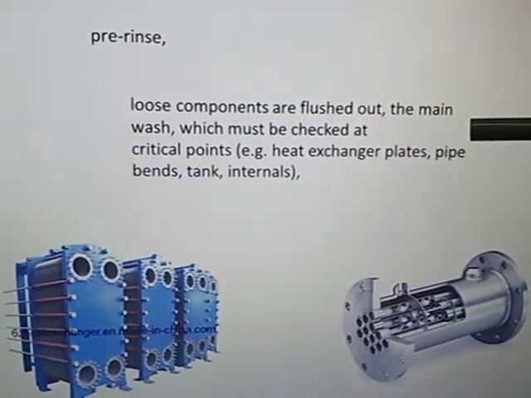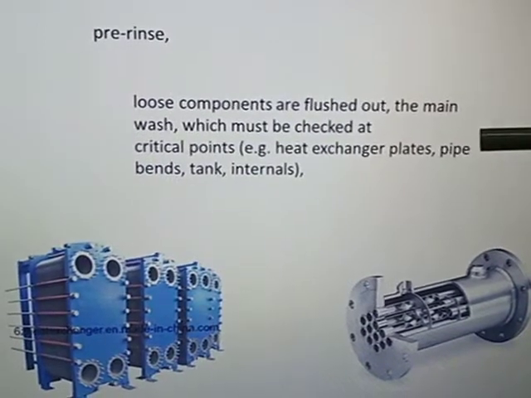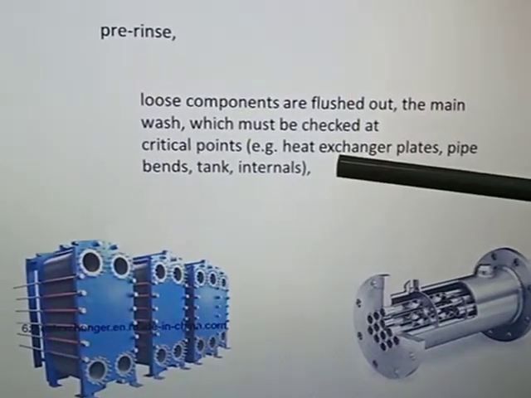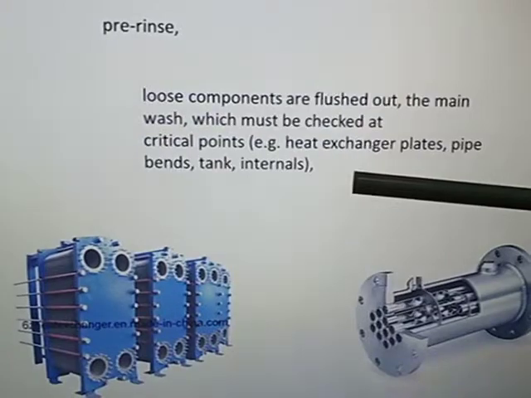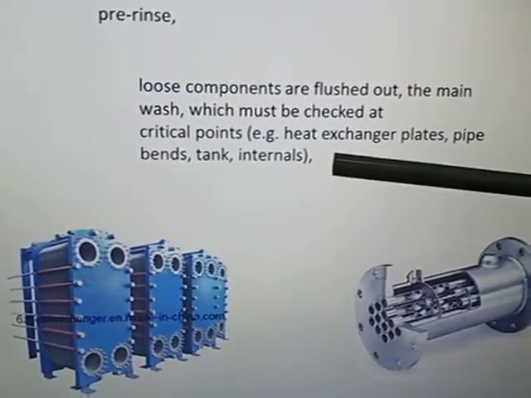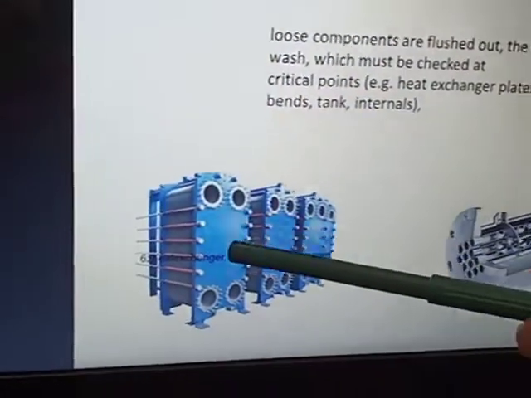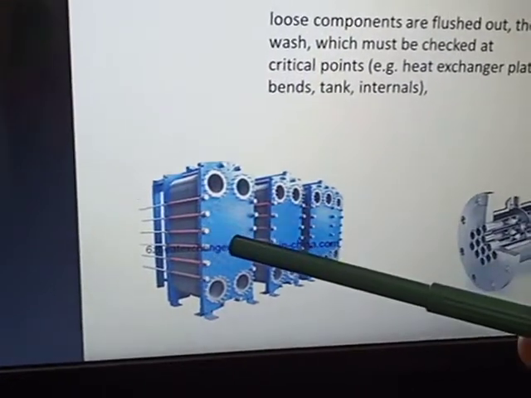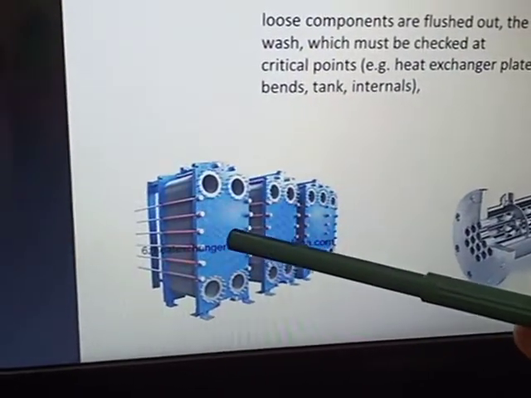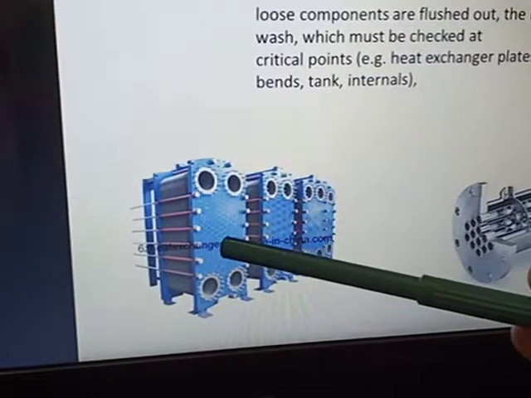The main wash must be checked at critical points, for example heat exchanger plates, pipes, bends, and tanks, and then internals of the equipment. This picture is an example of a heat exchanger, and it is being used for pasteurization of milk.